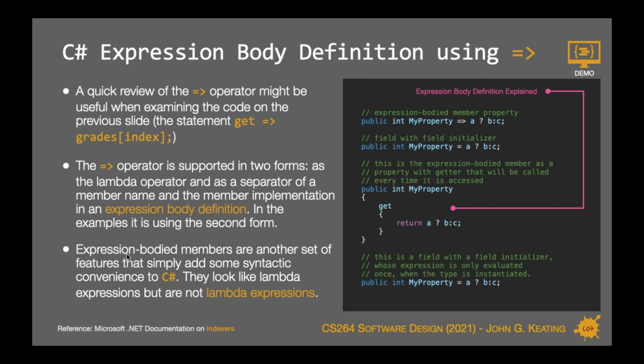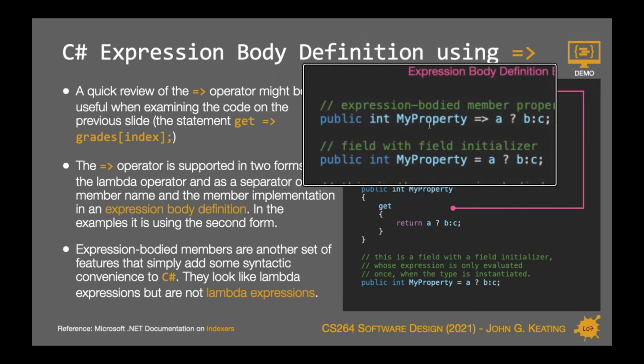So expression body members are just another set of features that add some syntactic convenience. They look like lambda expressions, but they're not lambda expressions. And I think I do lambda expressions in one of my other short lectures afterwards, so you can see the examples of that, okay? But in this particular case, they're actually set up as an expression body definition.